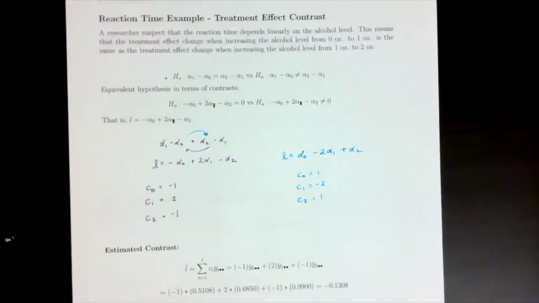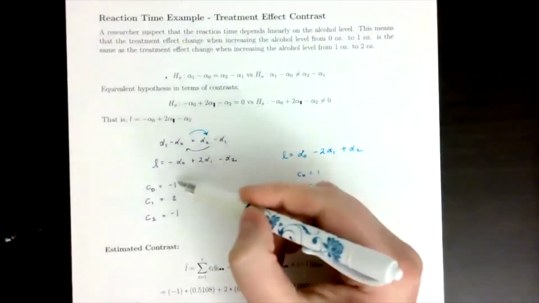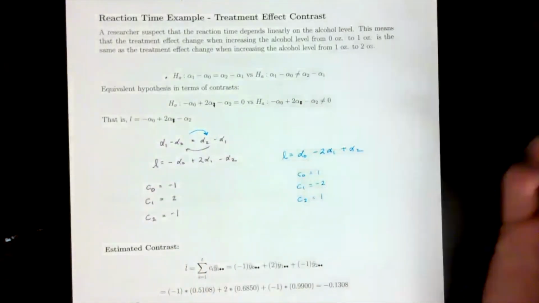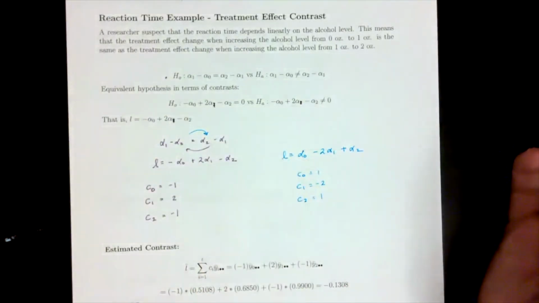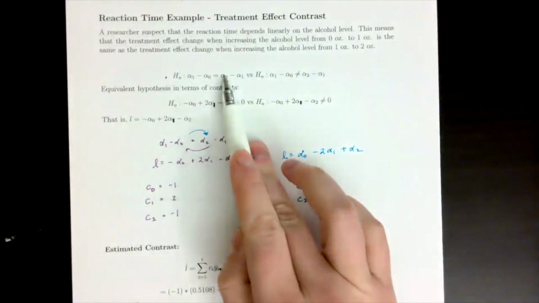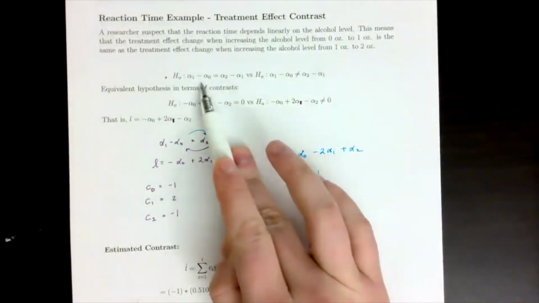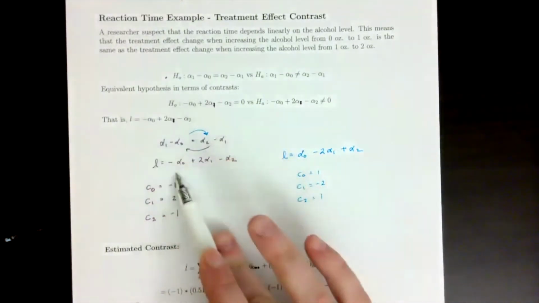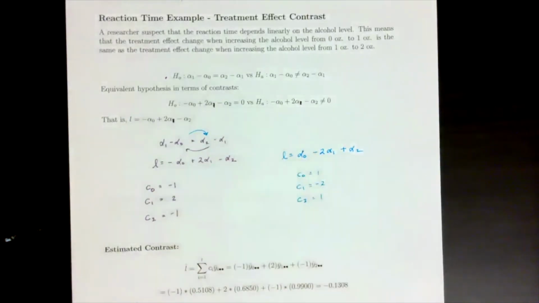Okay, so our contrast coefficients, and these are the numbers that you will be plugging into JMP or R, are coming from our hypotheses when we move everything to one side. And so now our L is equal to this or this. Really what that would change is, if you're looking at the T statistic, whether it's going to be positive or negative. But I account for that in your Canvas homework, or at least I try to remember to.